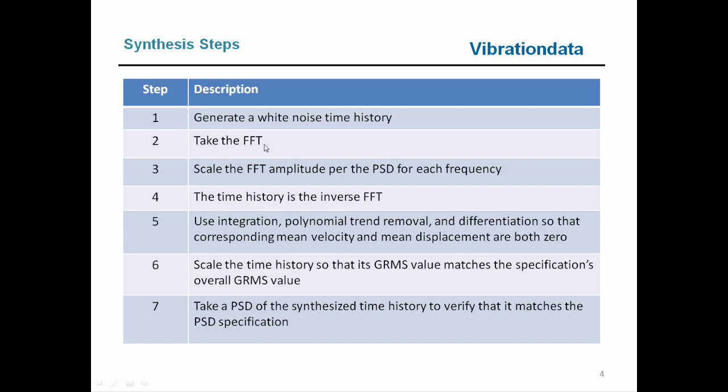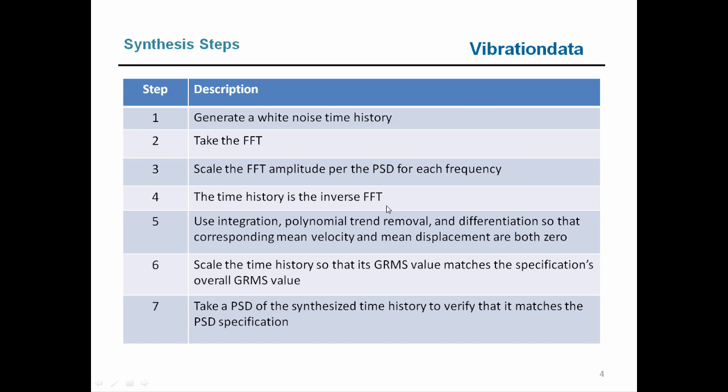Then we're going to take the fast Fourier transform of that time history. We will then scale the fast Fourier transform amplitude, or perhaps I should say magnitude, per the PSD g² per hertz levels for each frequency. Then the resulting intermediate synthesized time history will be the inverse fast Fourier transform, which has been, again, the FFT has been scaled in step 3.